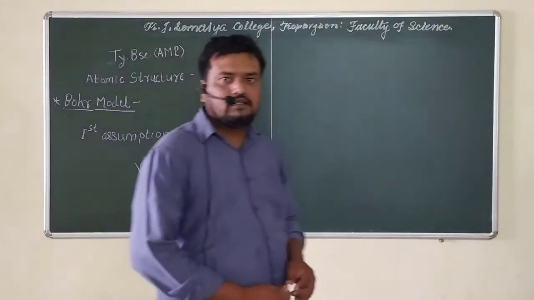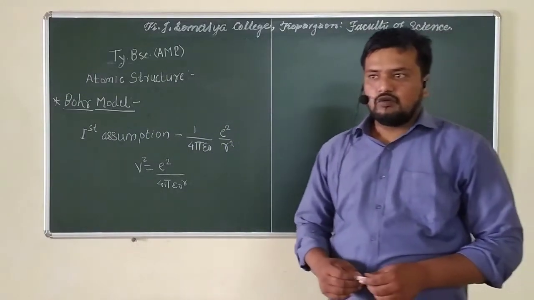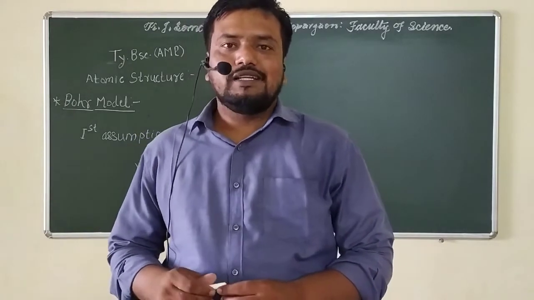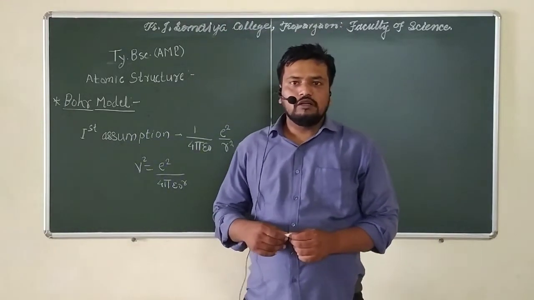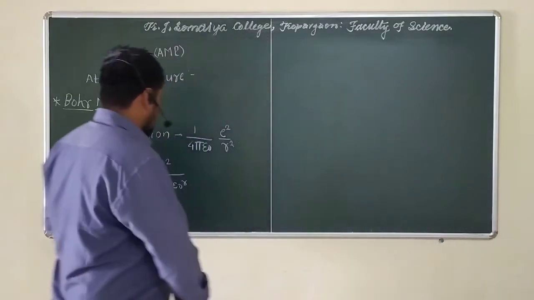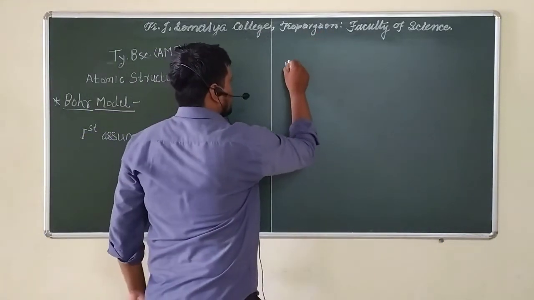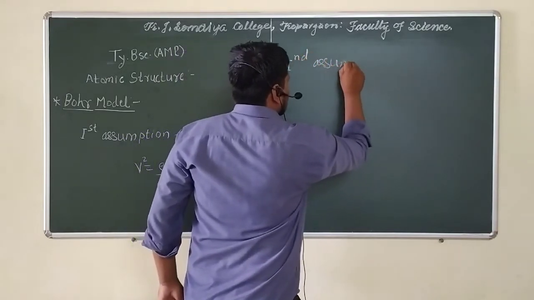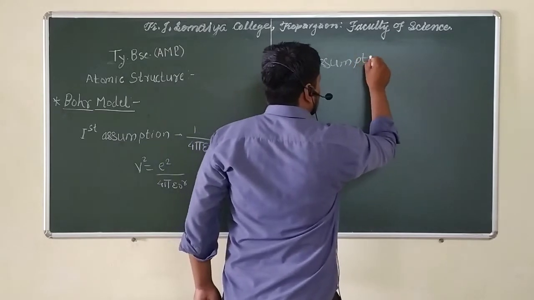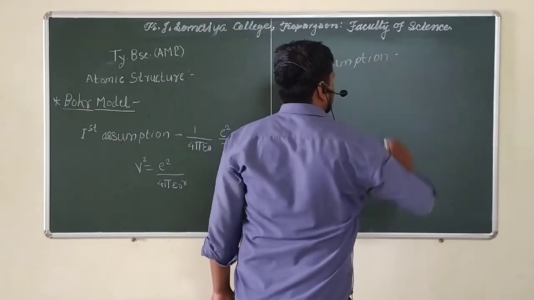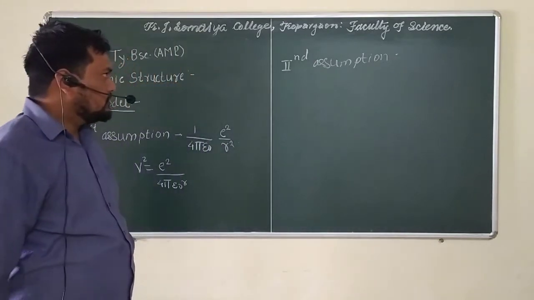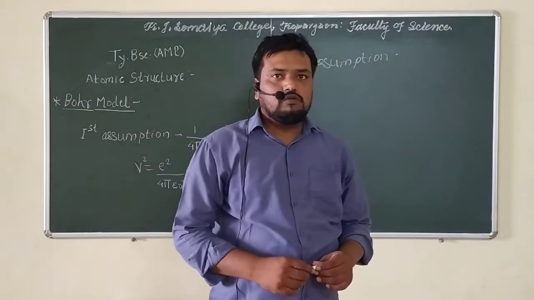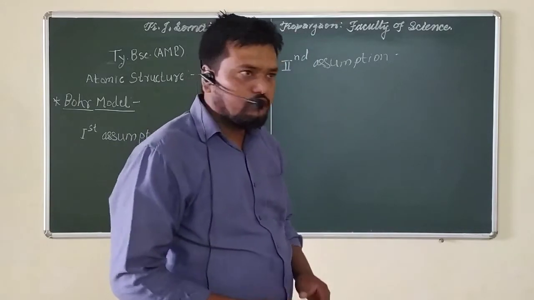Now the Bohr second assumption: only those orbits are permitted whose angular momentum is equal to an integral multiple of h upon 2 pi. So the second assumption tells that L bar is equal to n times h upon 2 pi.